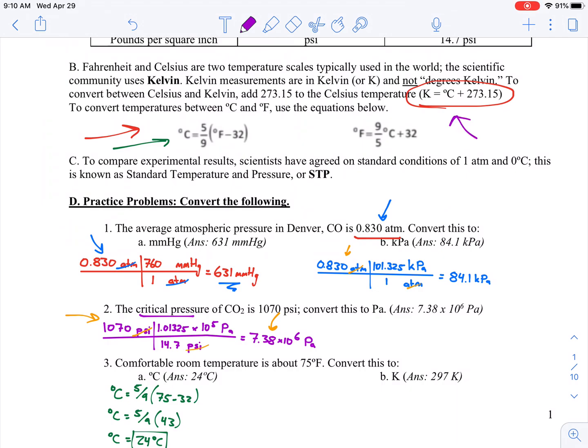And let's talk about Kelvin for a second. So first off, if I give you a Fahrenheit temperature, in order to use this conversion, you have to convert it to Celsius first and then convert to Kelvin, because the Kelvin equation uses degrees Celsius. And you'll also notice that we have to add, and so when we think about sig figs, we care about decimal place.